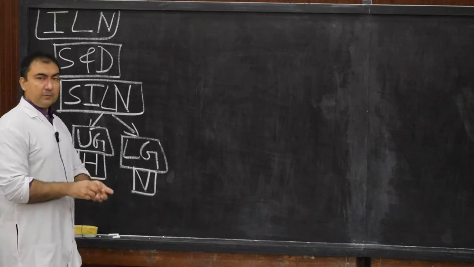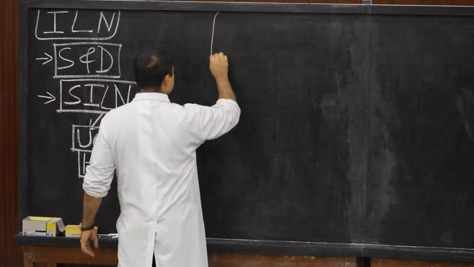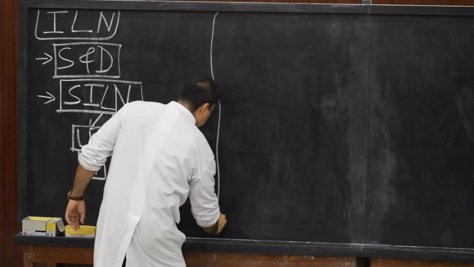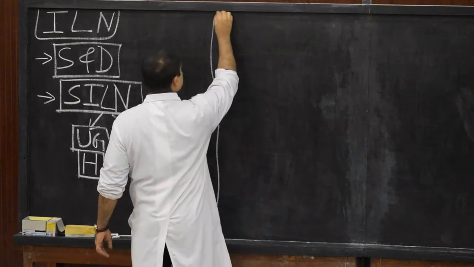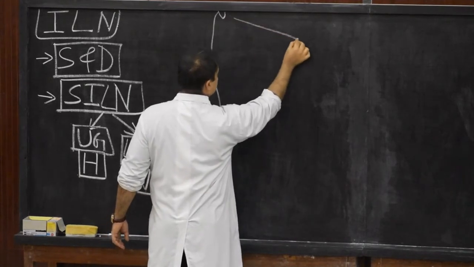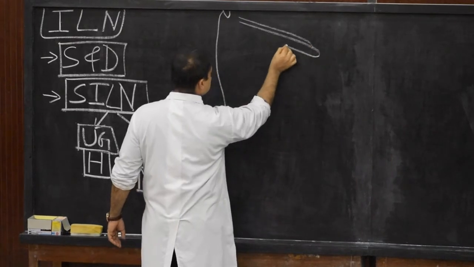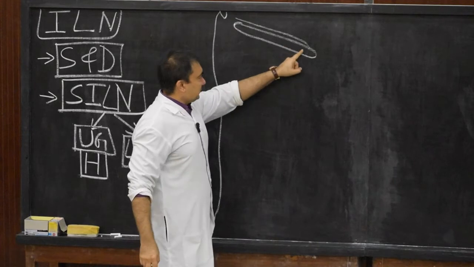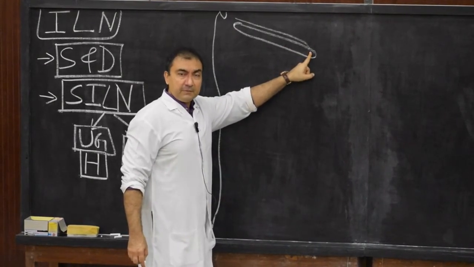Before we start with each of the groups, I would like you to draw a simple diagram which will show the entire lower limb. Supposing here this is the anterior superior spine, this will be the area of the inguinal ligament, and just below the inguinal ligament, in a rectangular block, we show the entire upper group of superficial inguinal lymph nodes.